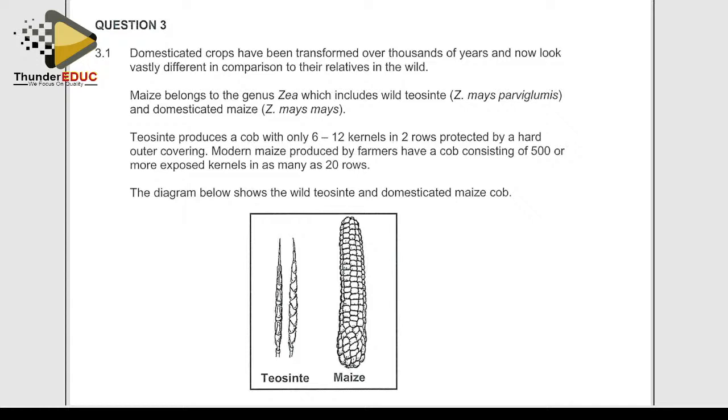They know them as maize. So they're saying that the wild one produces cobs with only 6 to 12 kernels in rows, protected by a hard outer covering. Modern maize produced by farmers has cobs consisting of 500 or more exposed kernels.